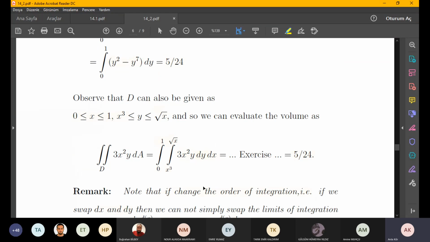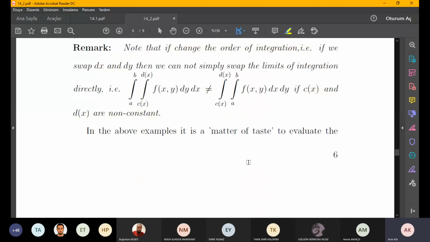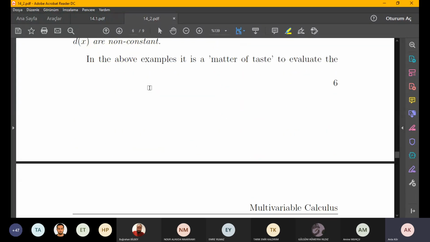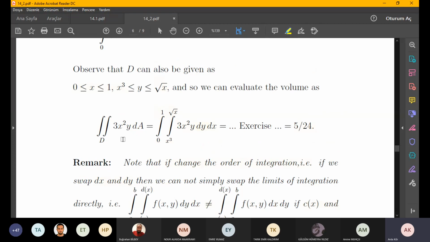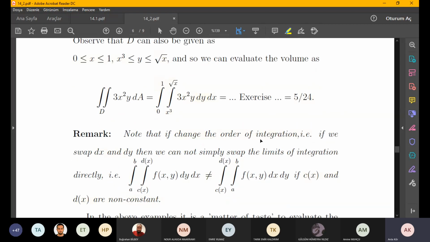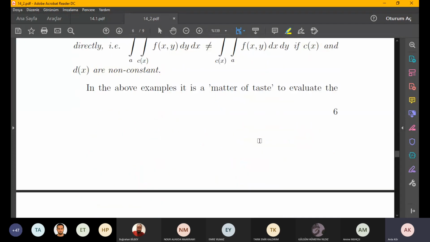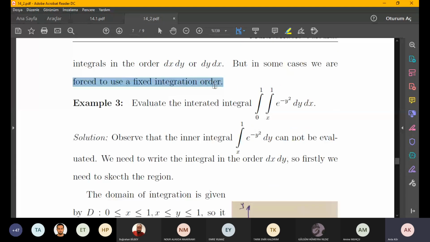Actually, for examples like the above, like this one, it is just up to you. It is a matter of test. But in some cases, we are forced to use a fixed integration order.